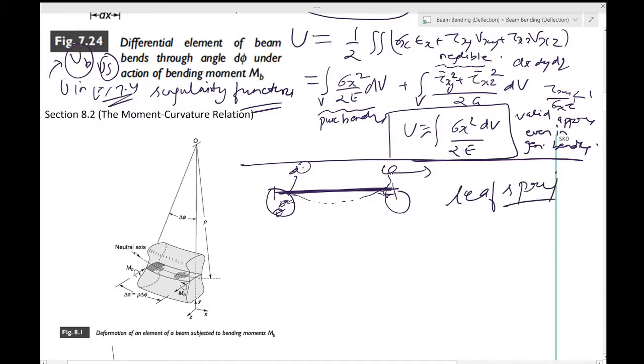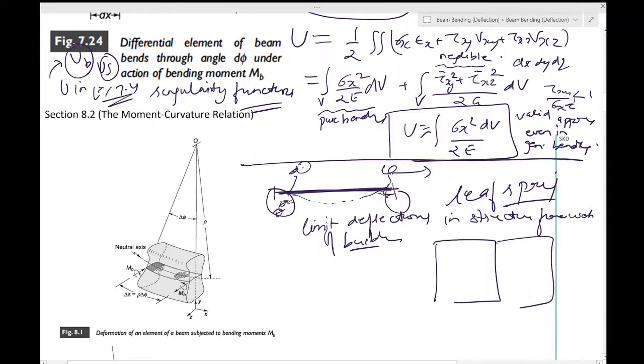On the other hand, you should also see the limit deflections in structural framework of buildings, meaning how much deflection should happen. If this is, say, the steel framework of a building, and this is a beam carrying the load above it, then you cannot allow it to deflect to an unusually high amount.